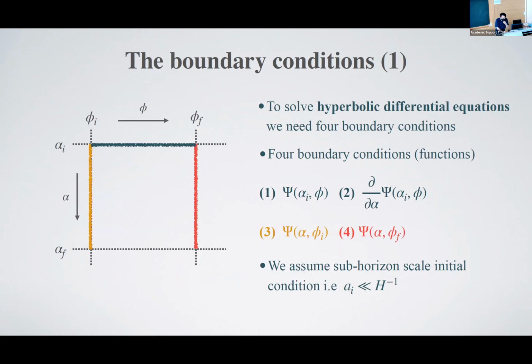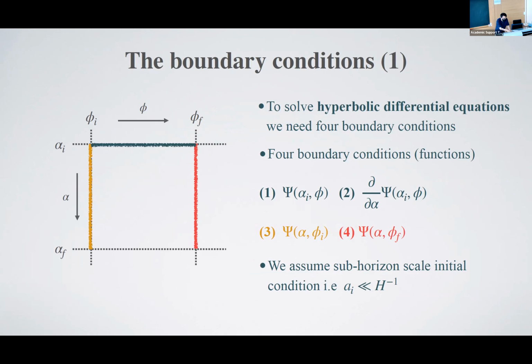The Wheeler-DeWitt equation is actually a hyperbolic differential equation. In general, to solve a hyperbolic differential equation, we need four boundary conditions. The first two are the boundary conditions at the initial alpha_i, the initial scale factor.